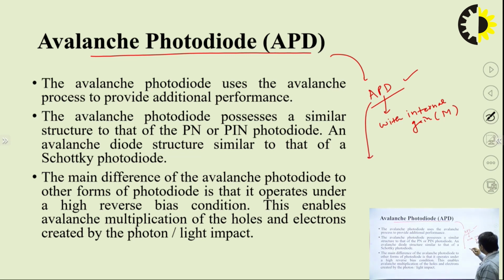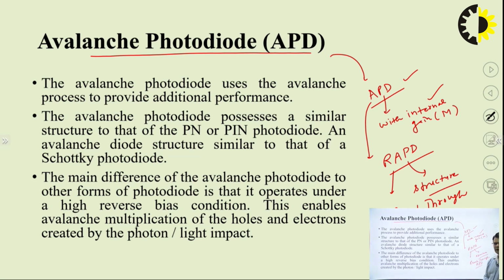This APD is also sometimes known as RAPD. That is, to achieve this internal gain, we require a special structure. This structure is known as the reach through structure, and hence the photodiode is known as the reach through avalanche photodiode or photodetector.